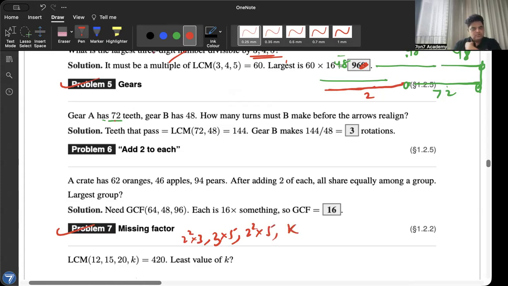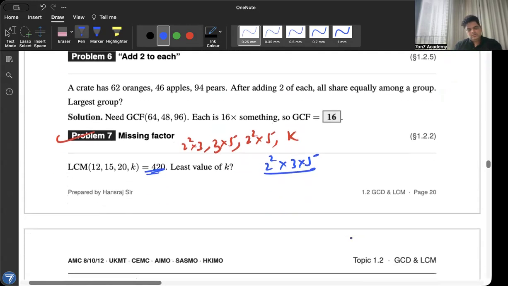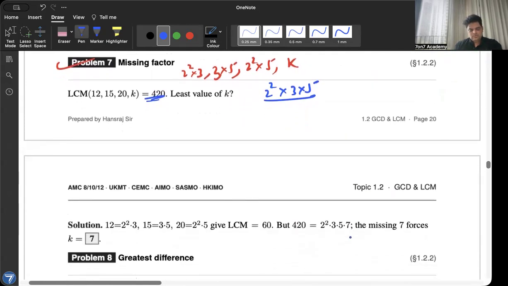And the rule says you have to take the highest power of whatever prime base you have. So you have 2 raised to 2 into 3 into 5. Now what remains to reach 420? So 60k equals 420. So k is 7. Perfect. So that's what you have to do.